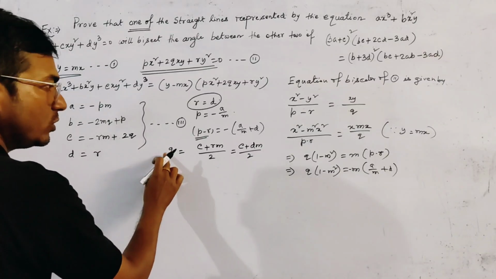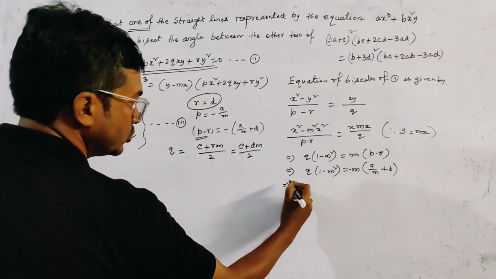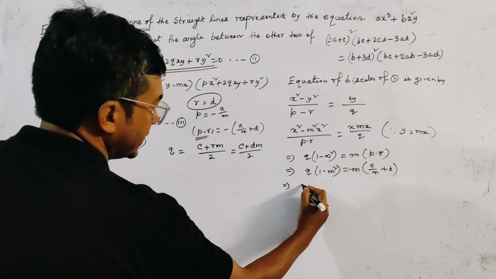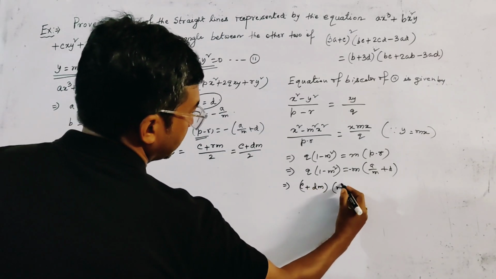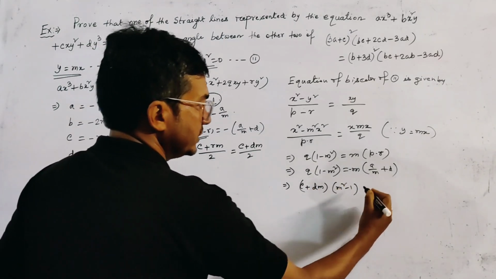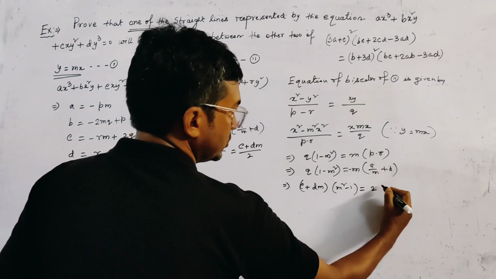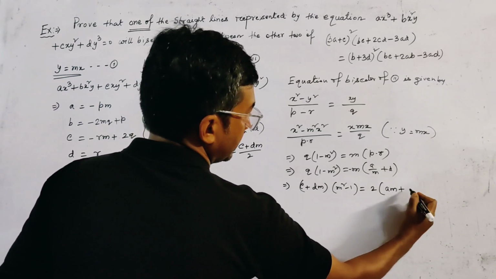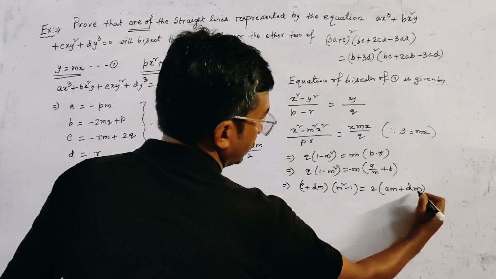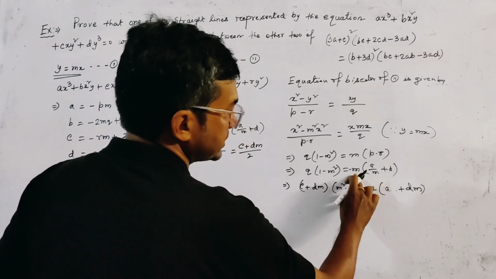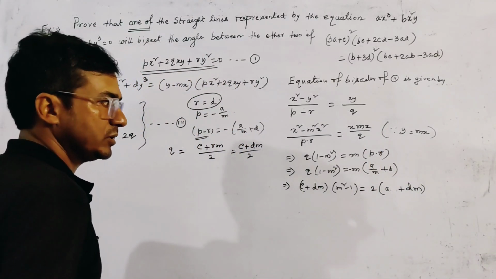Now this value of Q is also put here and we get the result as C plus Dm into m square minus 1. This is given by 2 into a plus dm. Okay, sorry, this is not am, this is a plus dm.